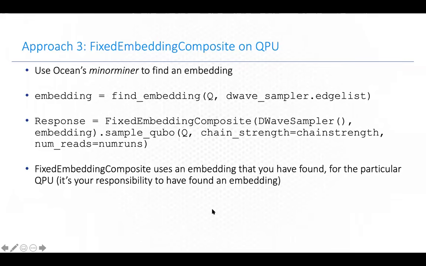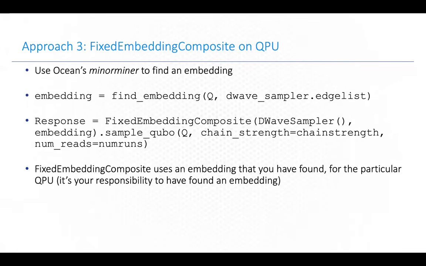And another approach is called fixed embedding composite. And what happens here instead is that it's your responsibility to go get the embedding. And there is a tool inside of the Ocean API with a great name called minor. In other words, going out there and mining for an embedding.